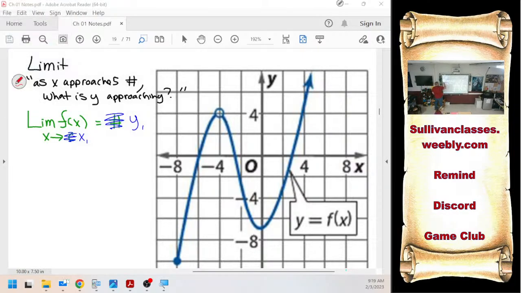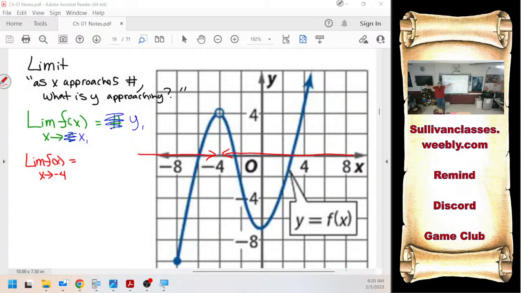So, you approach it from both sides. If I asked what is the limit of my function as x approaches -4, I'm going to go closer and closer to -4 from both sides of the graph.